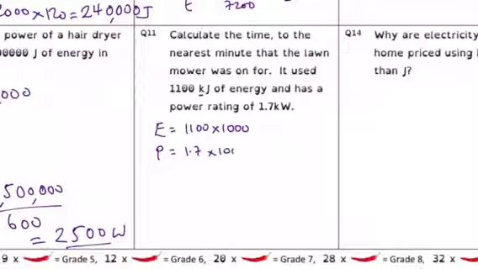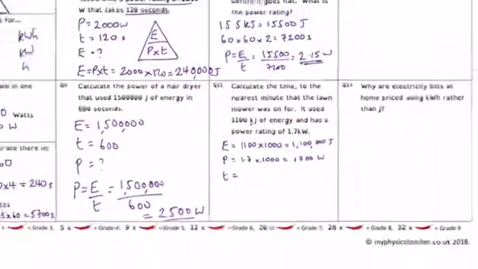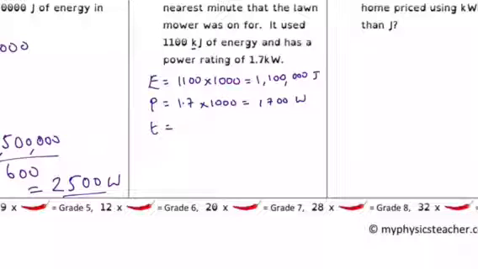So again, we need to multiply that by 1,000. We can then find the time, but again, we need to maybe look at our equation again. And we know that time is energy over power. So energy over power.